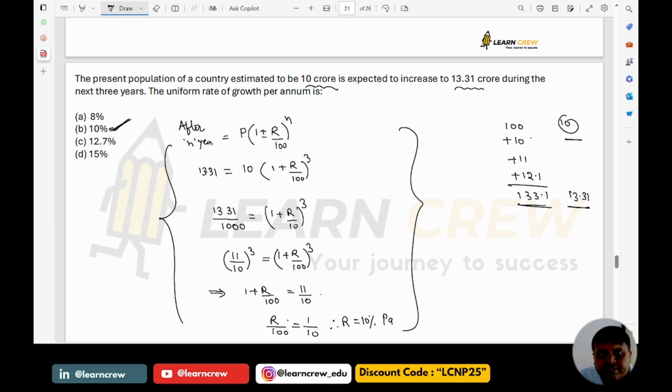And if you need the value n years ago, then it would be P divided by (1 plus or minus R by 100) power n. If it is after n years, P into; if it is n years ago, P divided. You can use this formula and remember it.